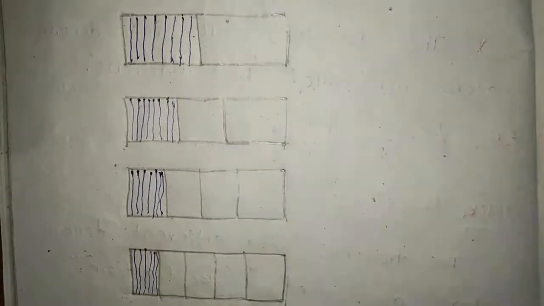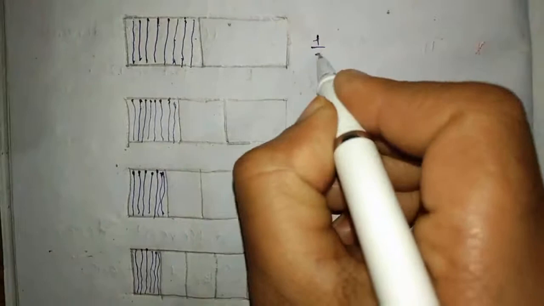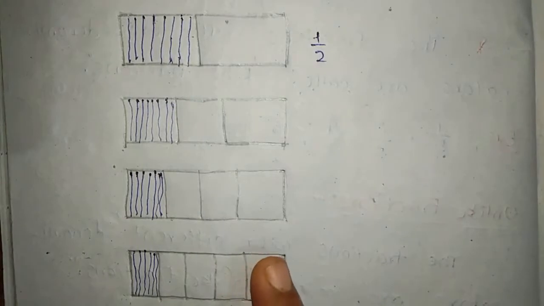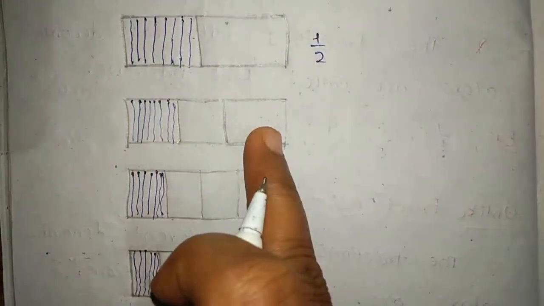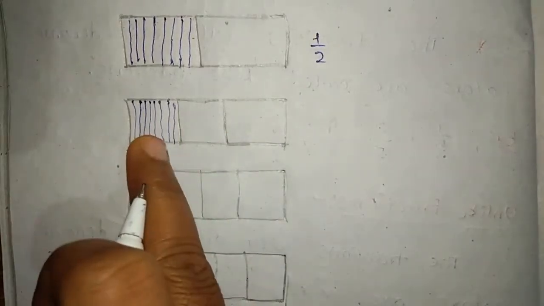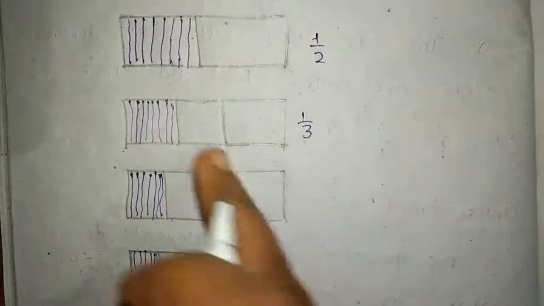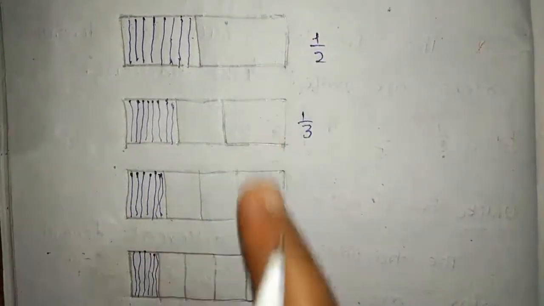So now this represents 1/2, 1 out of 2 equal parts. And the second rectangle is divided into 3 equal parts. Here one part is shaded. Now this is 1/3, 1 out of 3 equal parts.